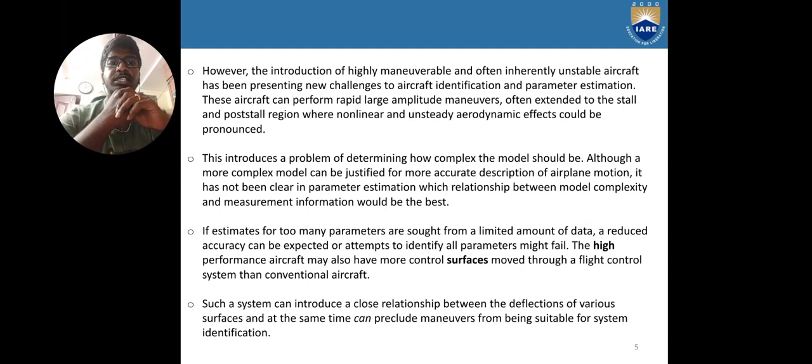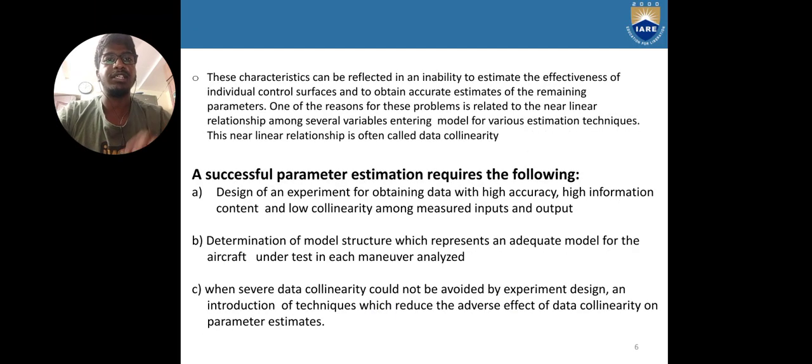The high performance aircraft may also have many more control surface movements through a flight control system than conventional aircraft. Such a system can introduce relationships between the deflections of various surfaces and at the same time can preclude maneuvers from being suitable for system identification.